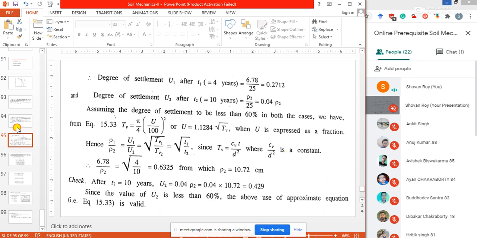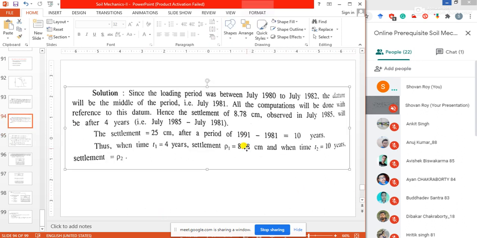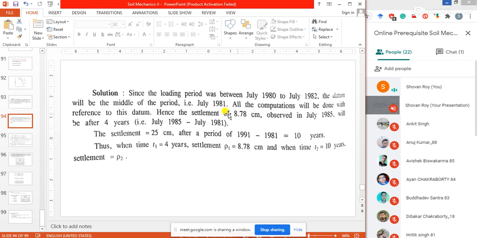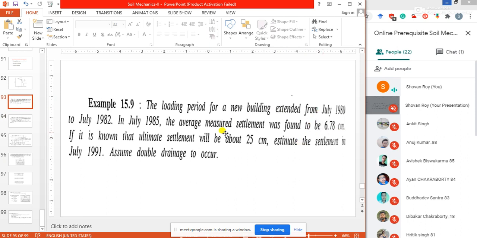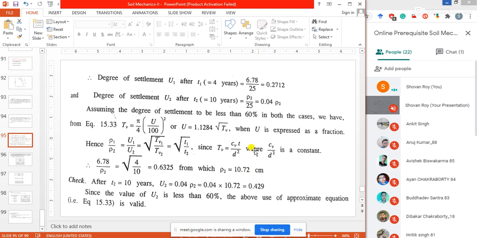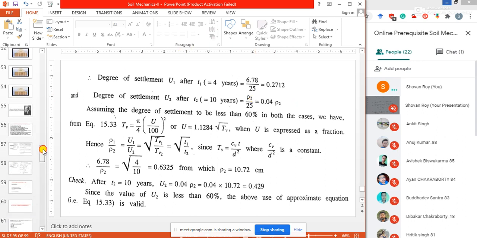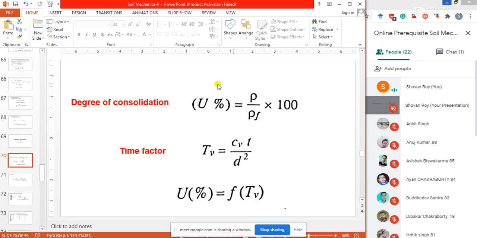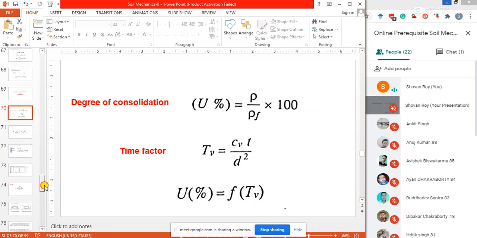Actually value is 6.78. This 8.78 is wrong. The question is okay. It should be 6.78. So degree of settlement after 4 years, 6.78 by 25 into 100, degree of consolidation or settlement. This formula is used to find out this value.